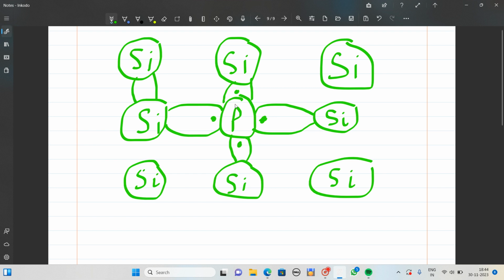So the seats are already covered and one remaining electron will be in the valence orbit. Okay.